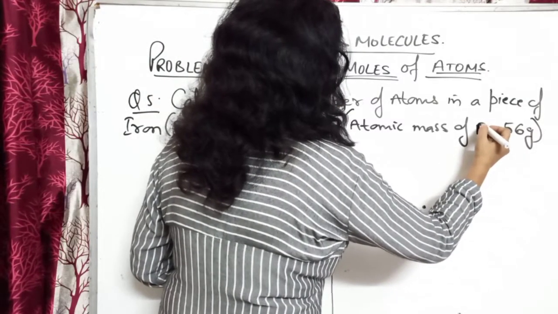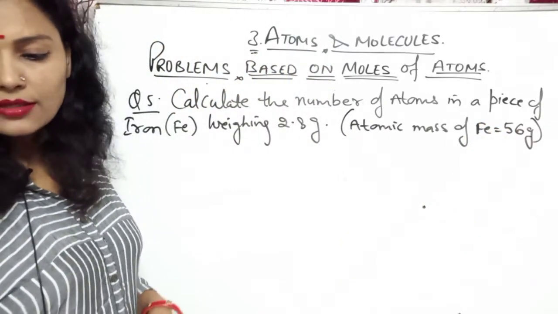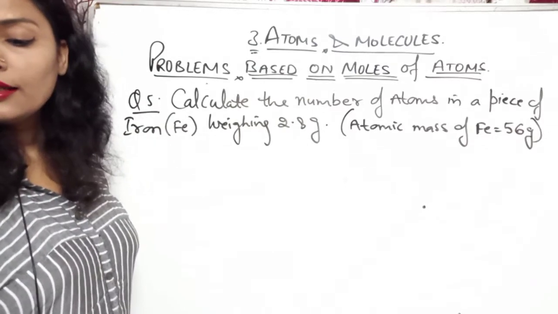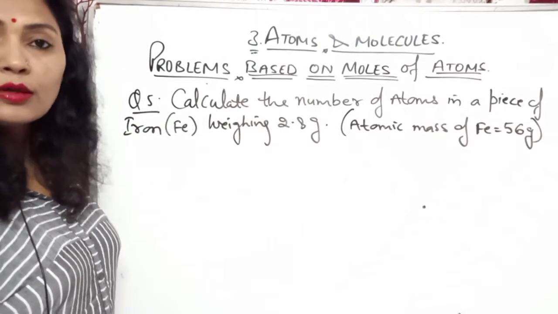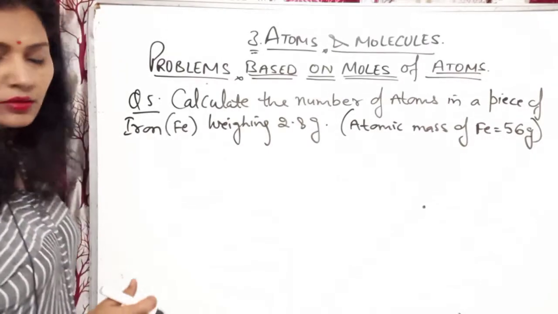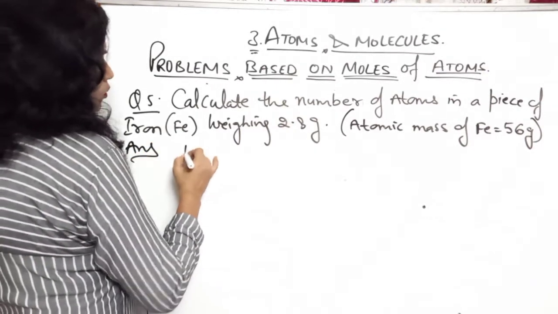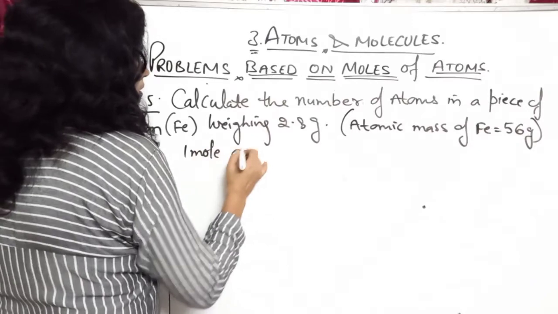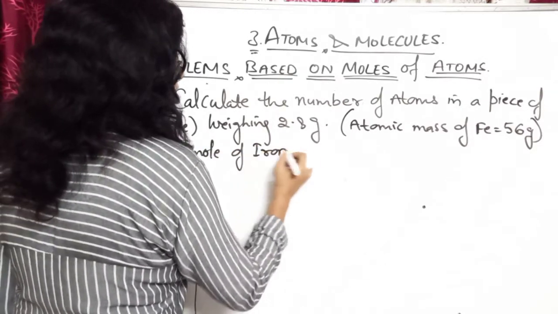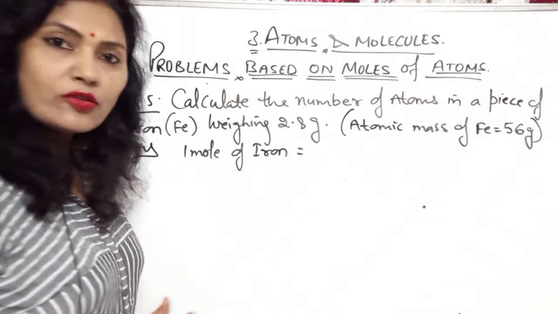You can write that in the form of u or g, gram atomic mass. Now you know that 1 mole of iron equals the gram atomic mass of iron.